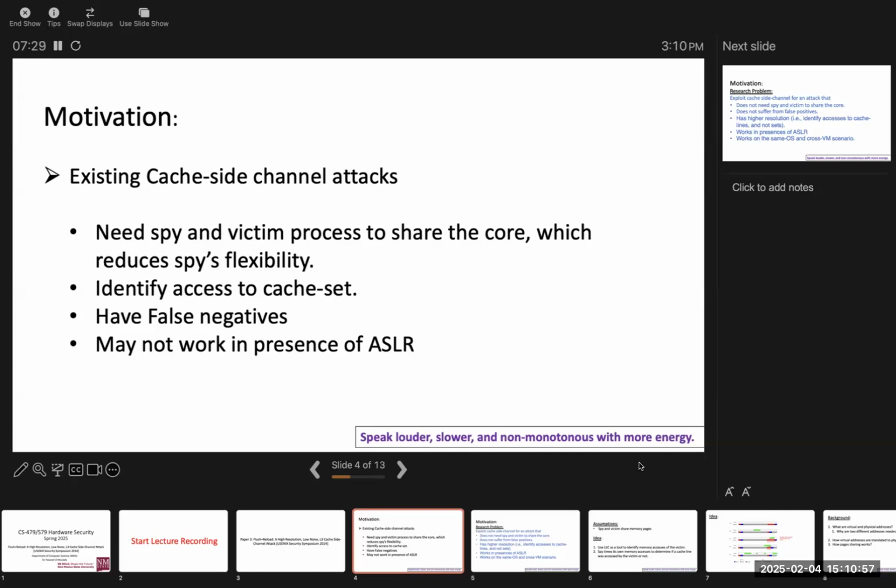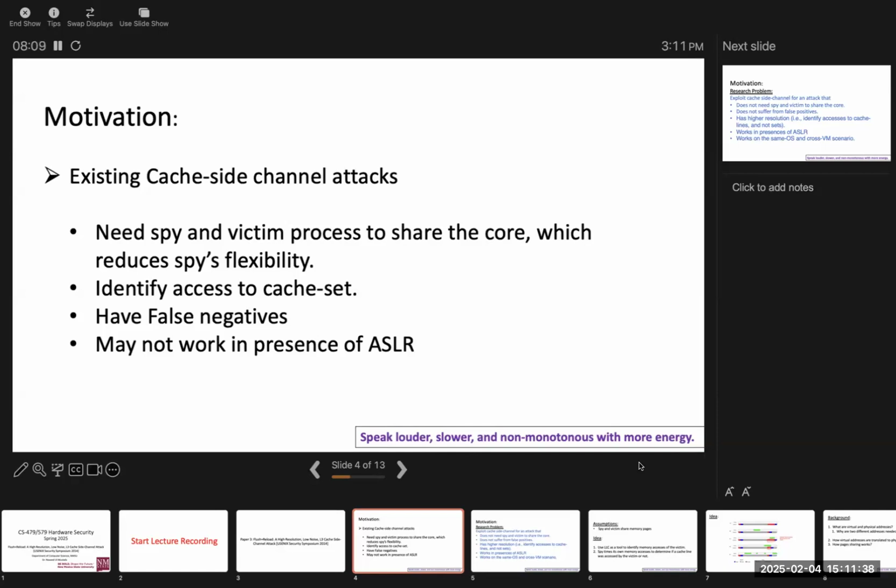So in one single core, you can support 2 threads at a time, 2 hardware threads. So they want both the spy process and the victim process to be running on the same core. If they are running on the same core, then they are putting their data in the first level cache, L1D. Those attacks exploit the L1D for launching the attack.